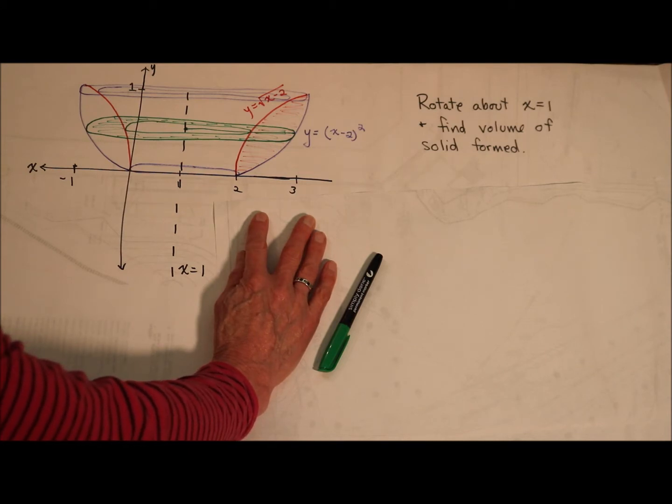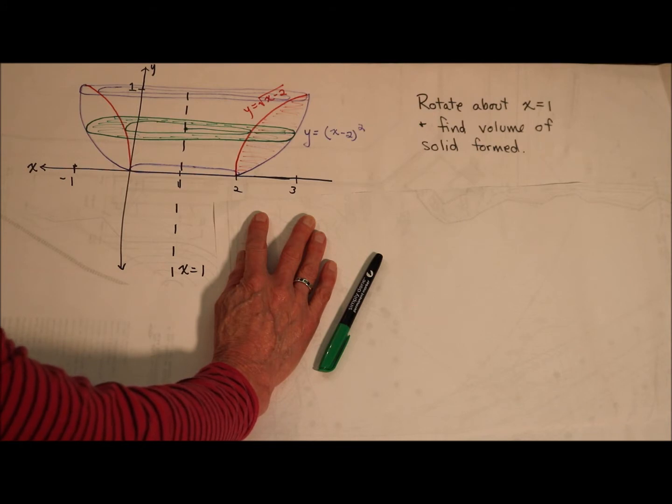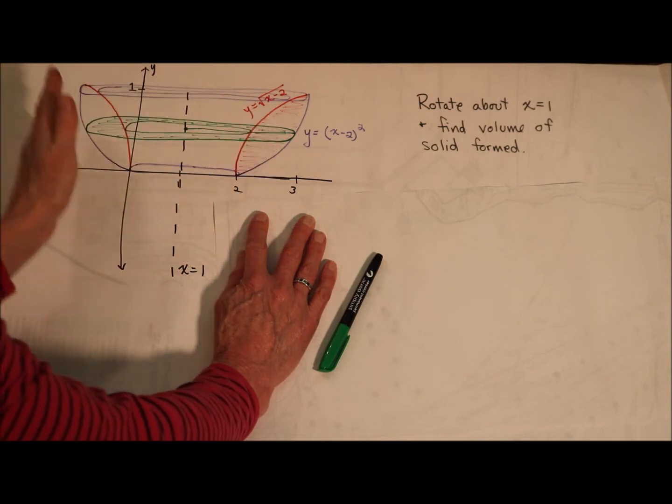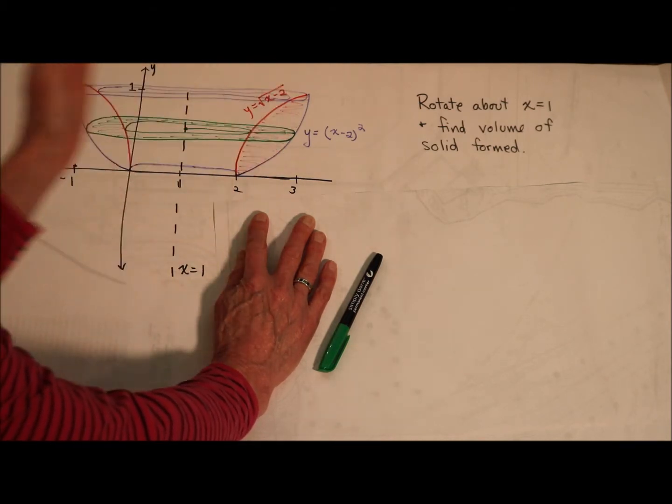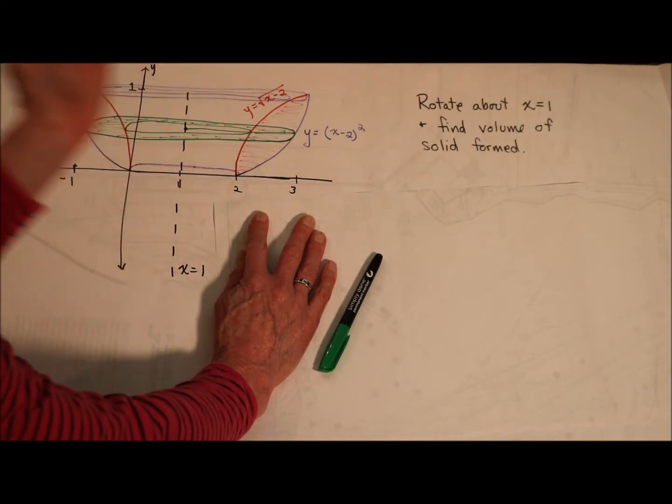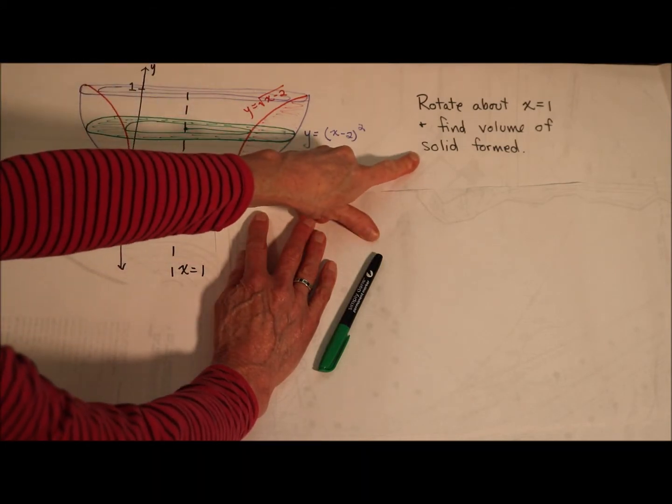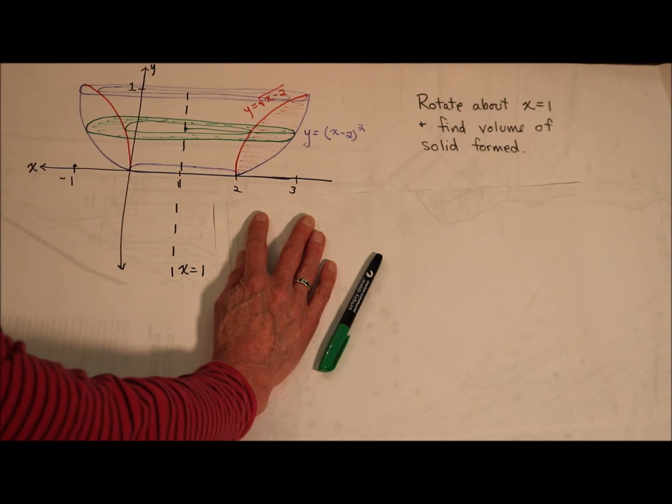But before we get too carried away, the way I've drawn this, I think you might notice something. I had to draw it around the axis of rotation, since I said to rotate this area about the line x equals 1.